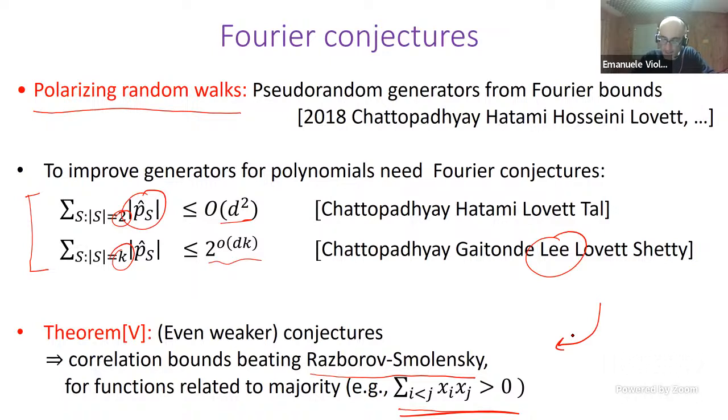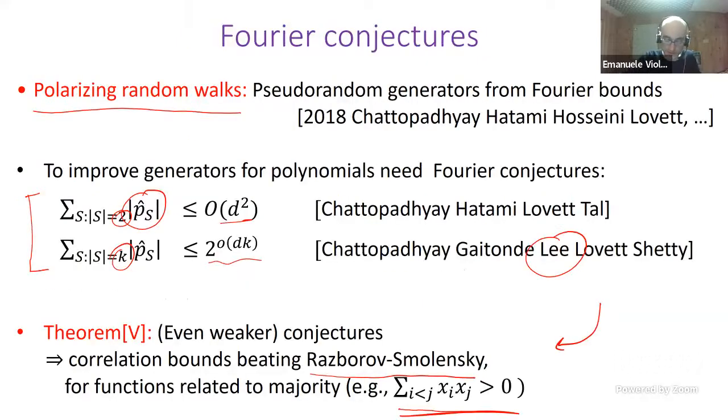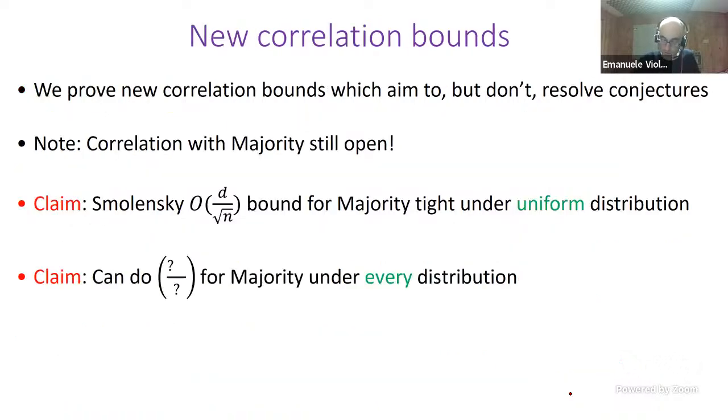But because of this, we gave some more thought to correlation bounds for majority, so I want to discuss this a little bit. One approach to refuting these conjectures would be to just give correlation upper bounds for these things. Maybe these things are actually easy to correlate with, and then the conjectures would be false. So we tried to do that.